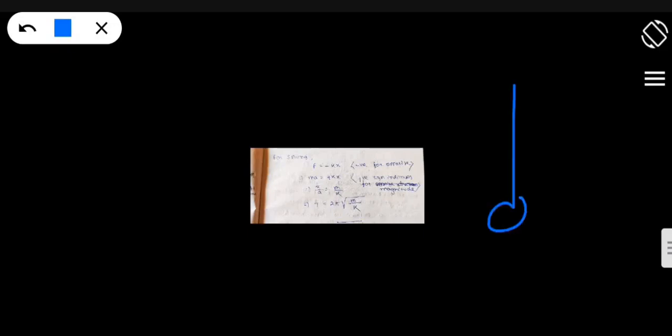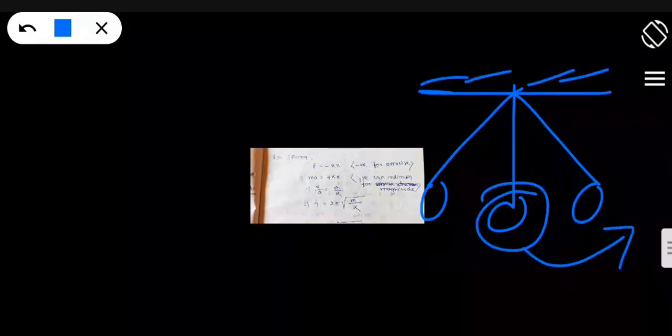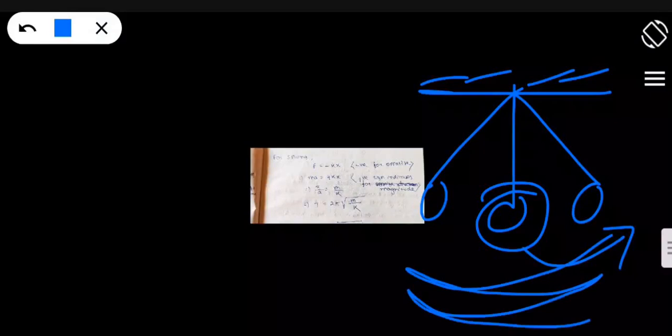Okay, so now types of oscillation. How many types of oscillation are there? One is forced oscillation, and another one is free oscillation. Free oscillation is what? If some boy is oscillating a pendulum, he will just take this pendulum from the mean position to the extreme position, and then he will leave that one.